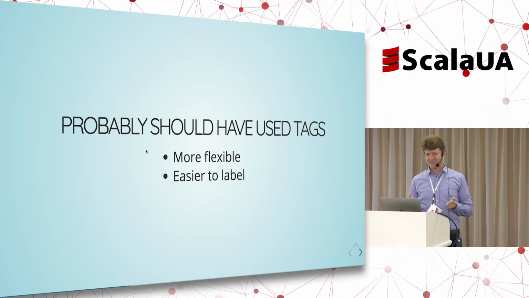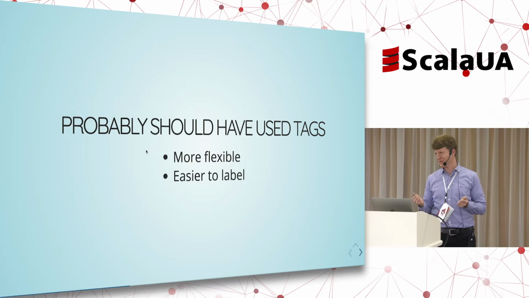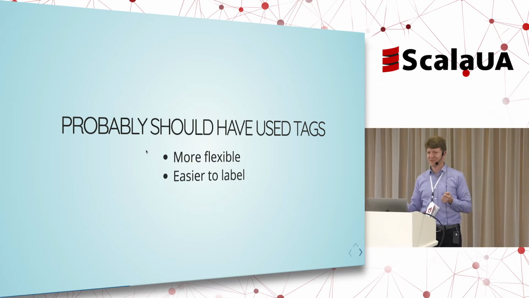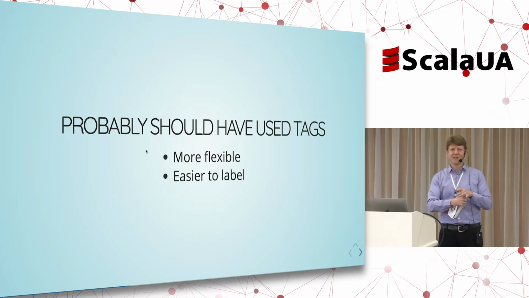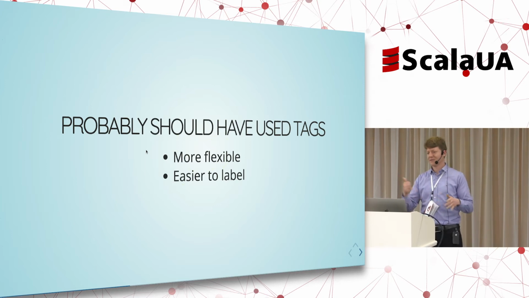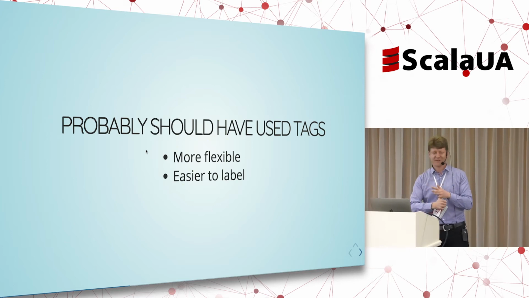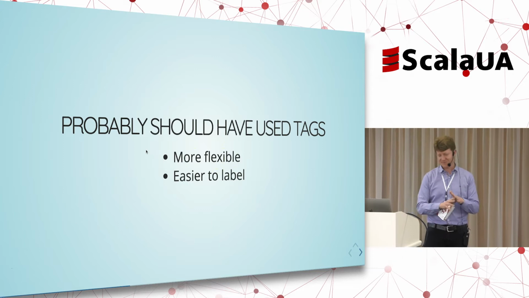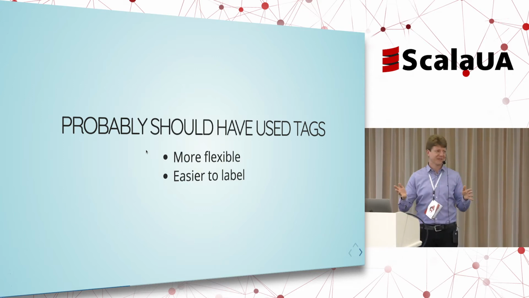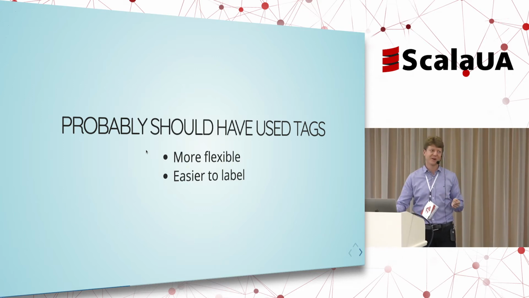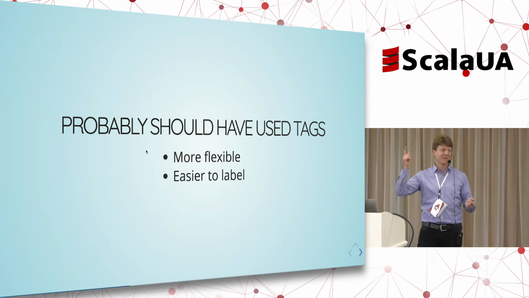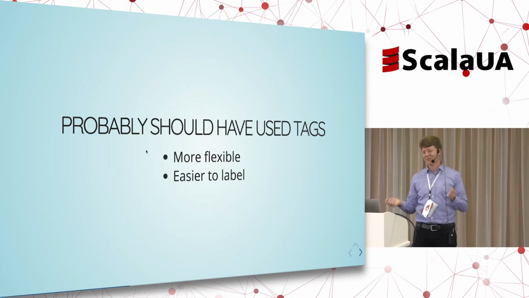And so in retrospect, I have to say that it would have been much better to use tags. So we could have said, okay, this listing has the tag apartment, and if, for example, this is very common, an apartment can also be used as an office, then it will also get the tag office, and so on and so forth.